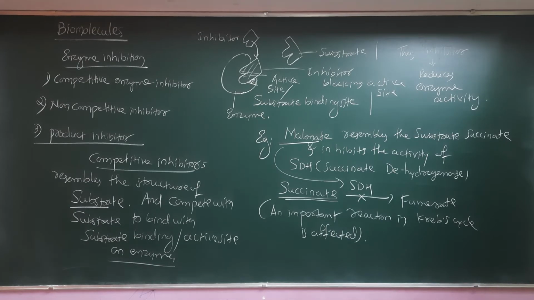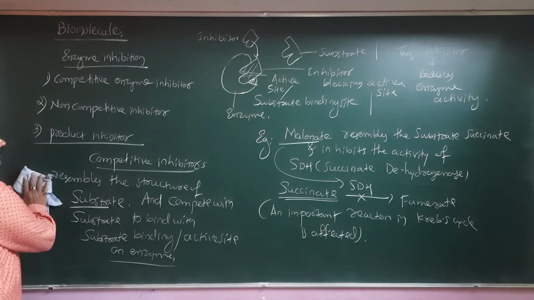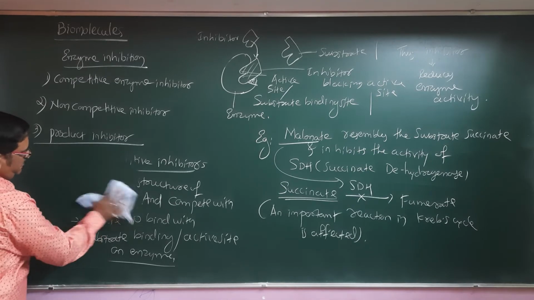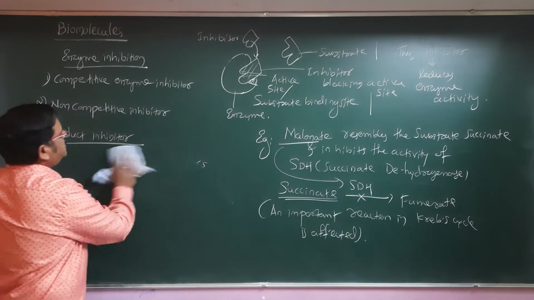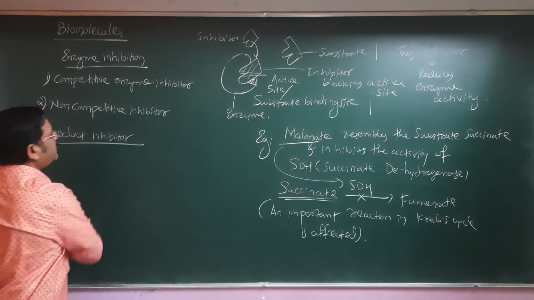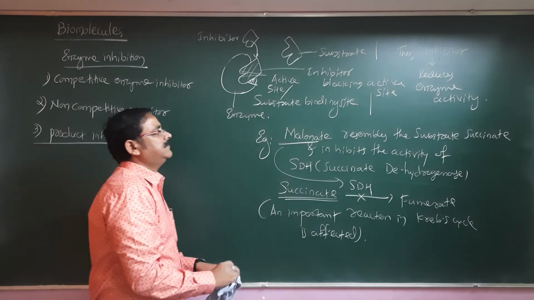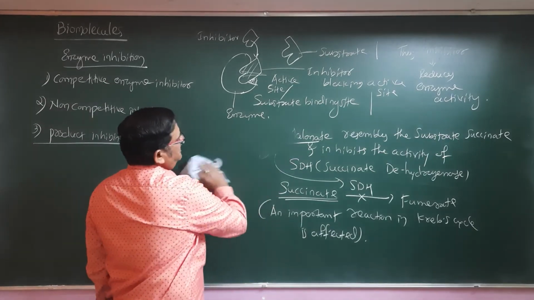So, let us understand some other inhibition, mainly non-competitive inhibition. Let us go ahead with the non-competitive inhibition also. In competitive inhibition, what we have seen is that the inhibitor is competing with the substrate and affecting the enzyme activity.